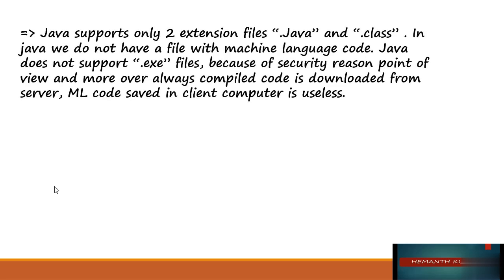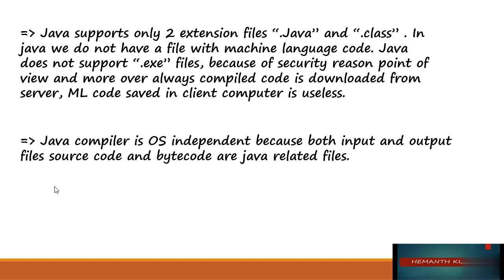Java supports only two extension files: .java, which is our source code, and .class, which is bytecode. In Java, we do not have a file with machine language code. Java does not support .exe files from a security point of view. And moreover, compiled code is always downloaded from the server. Machine language code saved in a client computer is useless.